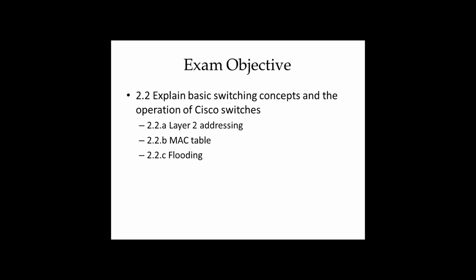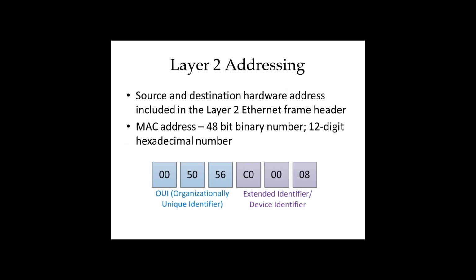So on to the next objective. Let's talk about the Cisco switches. First of all, switches use layer 2 addresses. Layer 2 is the data link layer, as we learned last week, and layer 2 addressing is essentially your MAC addresses.